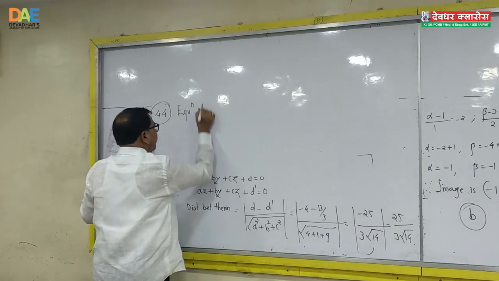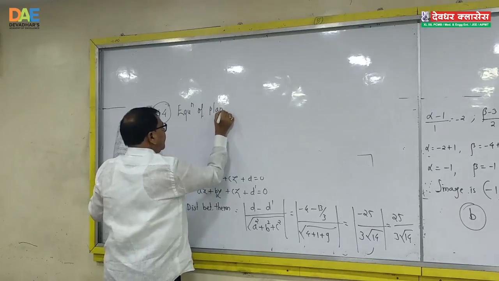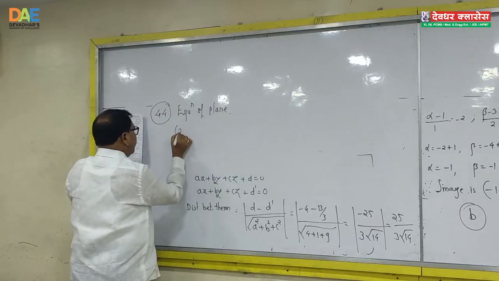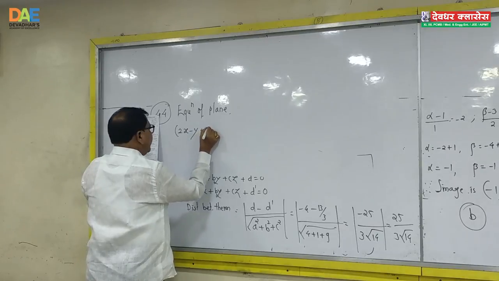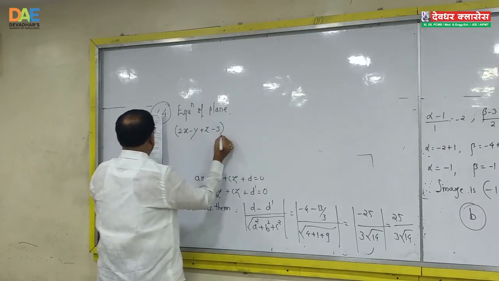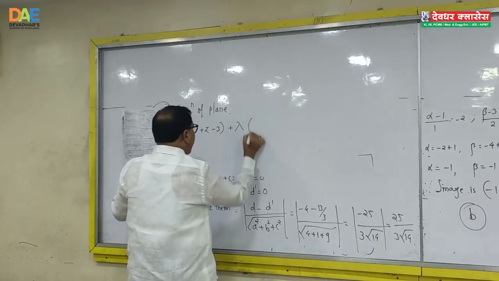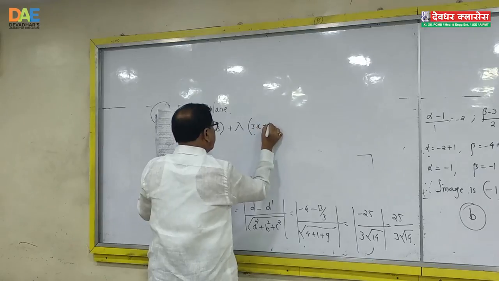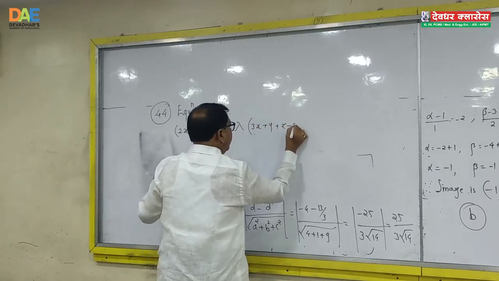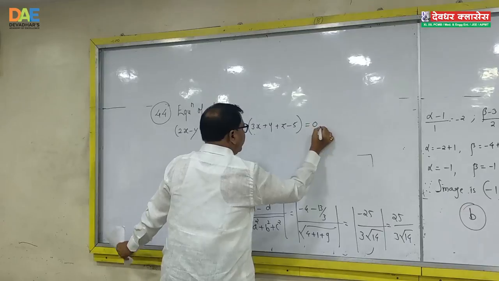The equation of the plane is, in first bracket, 2x minus y plus z minus 3 plus lambda into bracket 3x plus y plus z minus 5 is equal to 0.